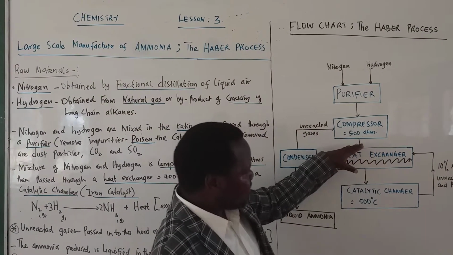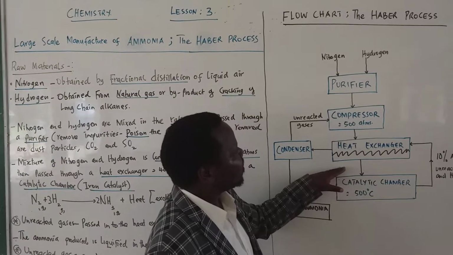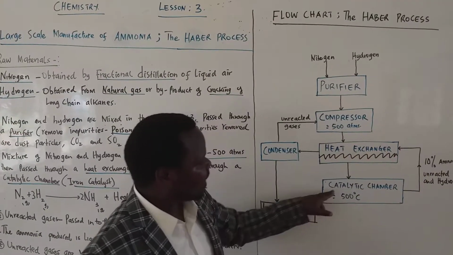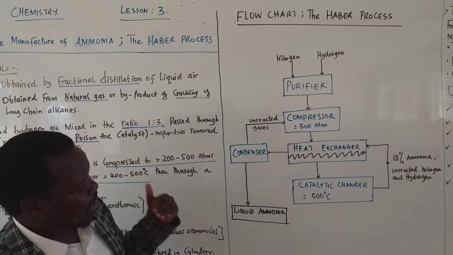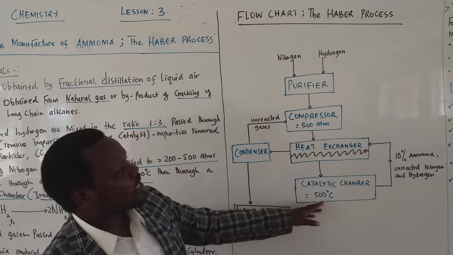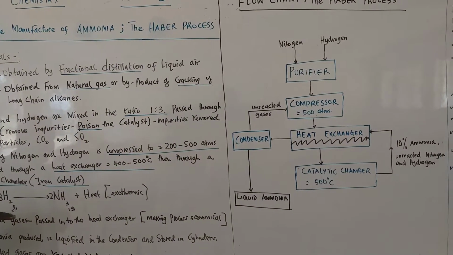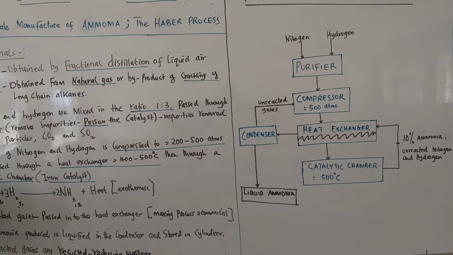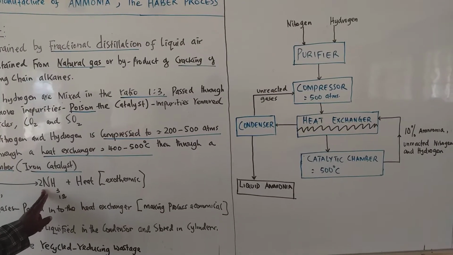Once again, the hot mixture of nitrogen and hydrogen under very high pressure then goes into the catalytic chamber, where you have the iron catalyst. This is where the actual reaction takes place: nitrogen and hydrogen react to produce ammonia gas.